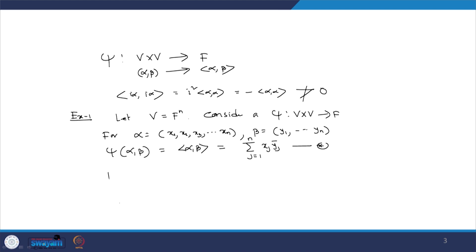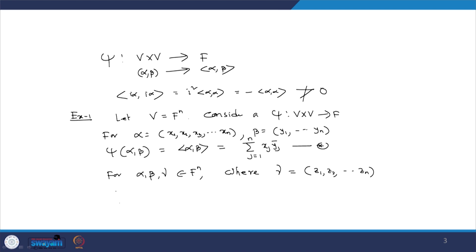See, we have alpha, beta and gamma belonging to Fn, with gamma equal to say z1, z2, up to zn.